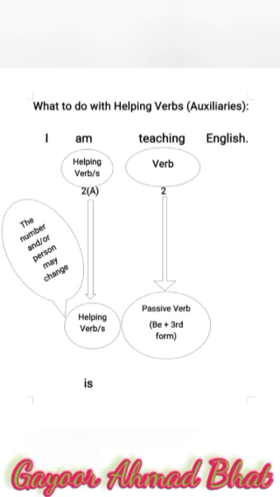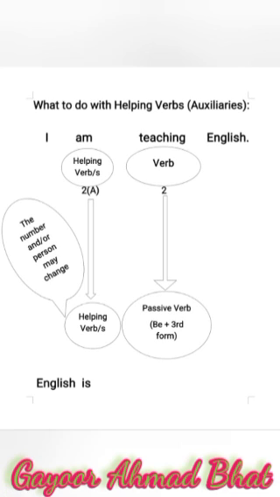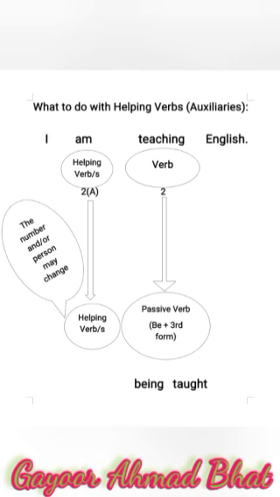Friends, in the sentence, I is the subject, it is first person singular, am is used with it, but in passive, the subject is English, it is third person singular, therefore the third person singular verb, present tense of be, that is used, English is. Then teaching is the main verb, and we have used the ing form of this verb.